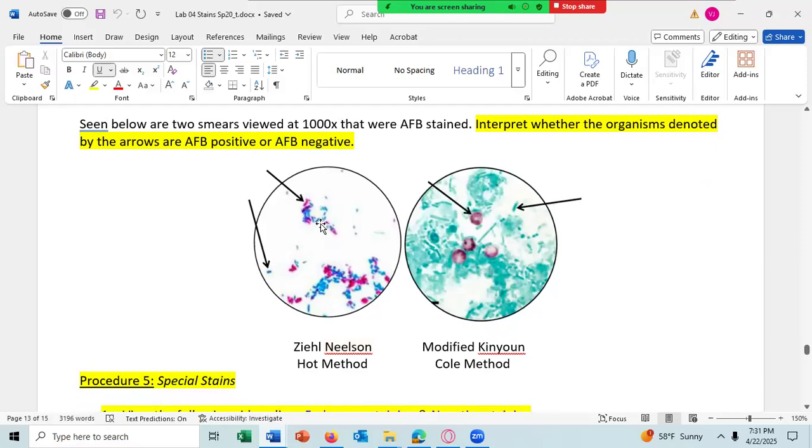Well, that cell there, acid-fast positive or acid-fast negative? Not hearing any answers, people. Well, you can answer the arrows yourself and then turn in the lab.